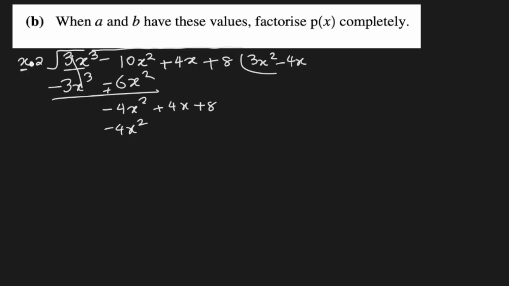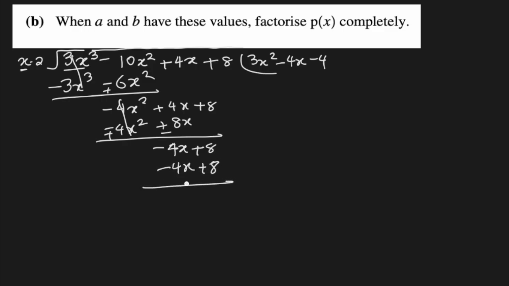So minus 4x times minus 2 will be positive 8x. So minus, cancel. 4 minus 8x will be minus 4x plus 8. And now we'll multiply minus 4 here, minus 4x plus 8. Yes, we got 0 remainder, and that certifies that our values of a and b were perfect.